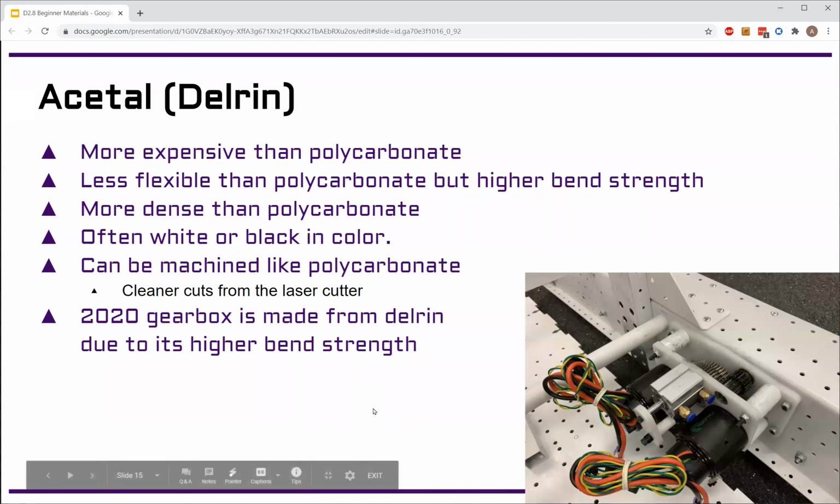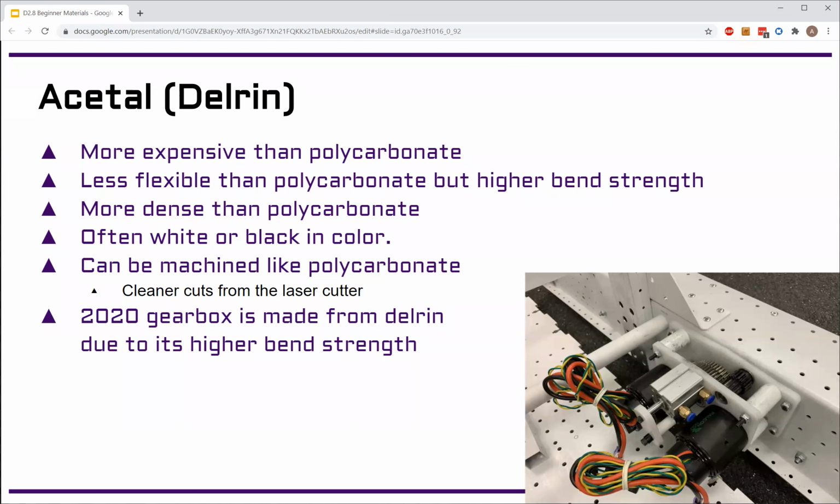The last type of plastic we're going to talk about today is called acetal or Delrin. It's more expensive than polycarbonate. That's the first thing, so we use it less often. It's less flexible than polycarbonate, but it has a higher bend strength.